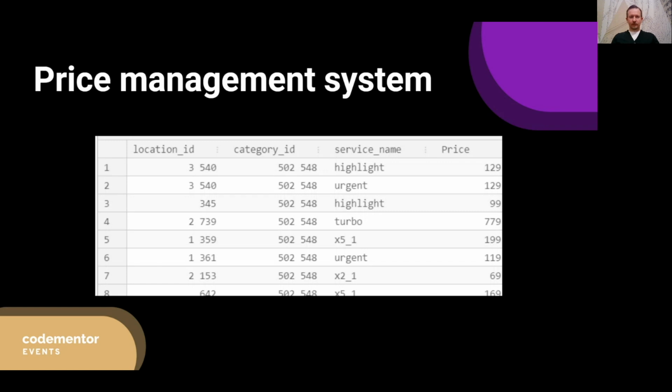In about 4 years, after 4 years in advertising optimization, I switched to price management.